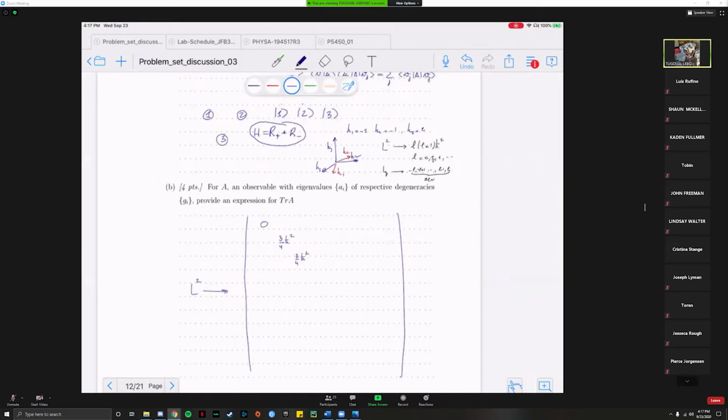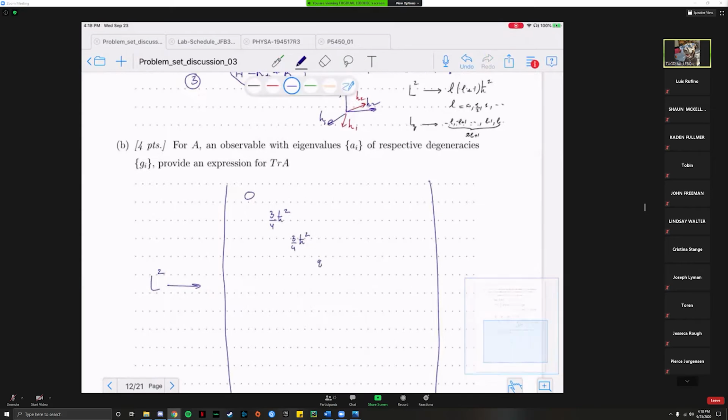And the next one is going to be for L equals 1. So 1 times 1 plus 1 is 2, so we have 2 h bar squared. And you know that it's going to appear 3 times. And then that continues like that, and then we have all zeros elsewhere.